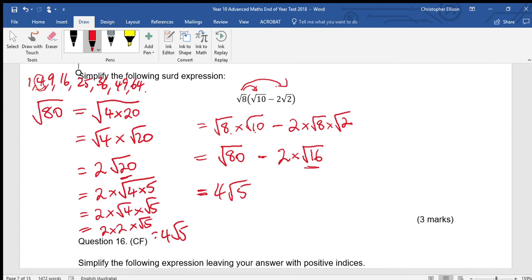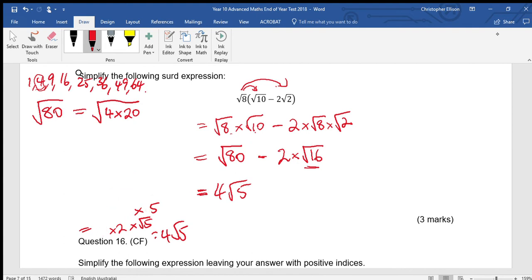Now the easier way of doing that though is to go right back up the start here and say, well, 4 wasn't the highest square number factor. The highest square number factor in fact was 16. 16 multiplied by 5 also gives 80, and 16 is a square number. So what that means is you can split it off.